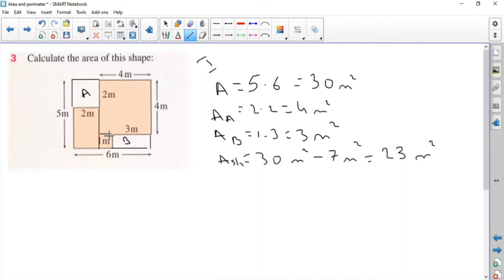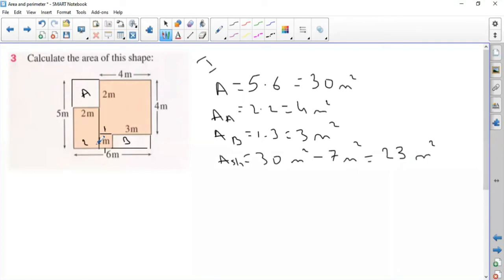Okay, so 4 and 4, this one is 2, this one will be 2. Okay, this one is 3, so this one is 1. This part has to be 1. So I have 1 meter squared. In total, it is 5.